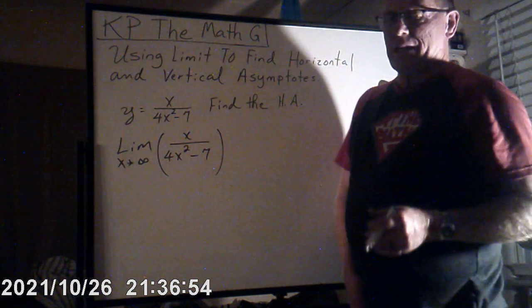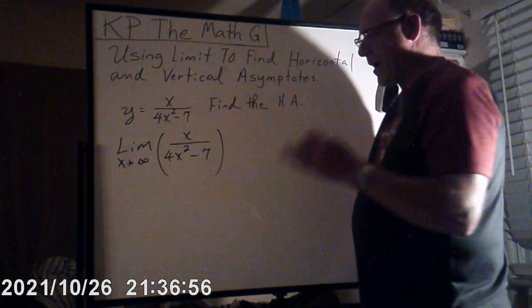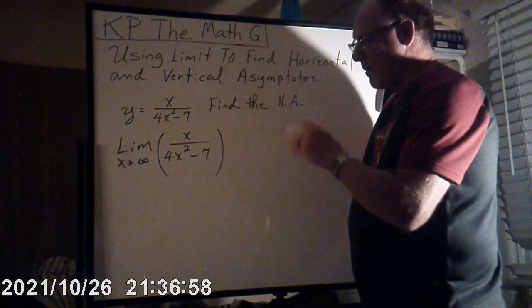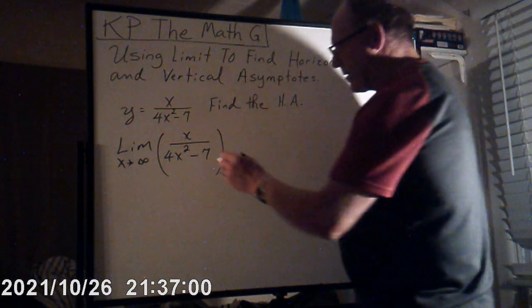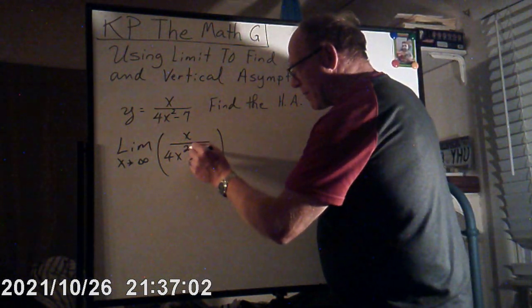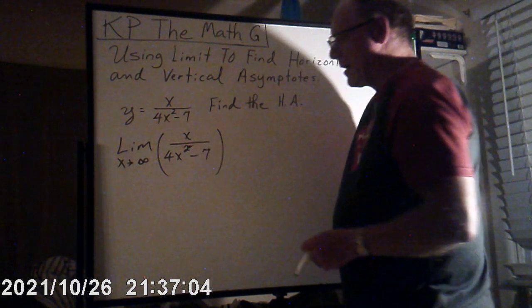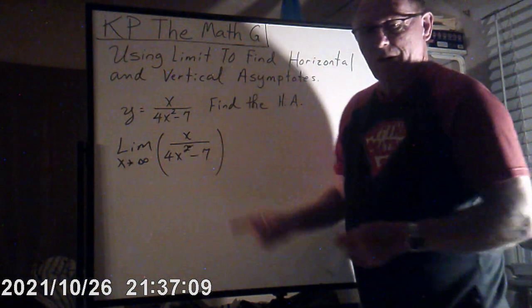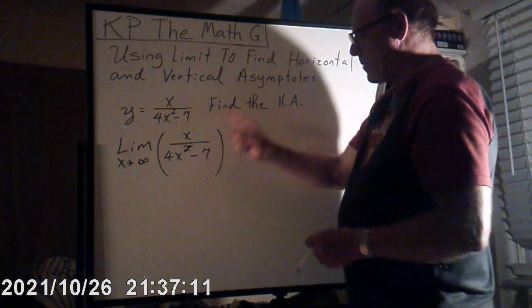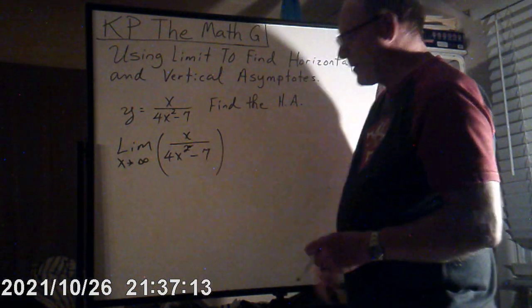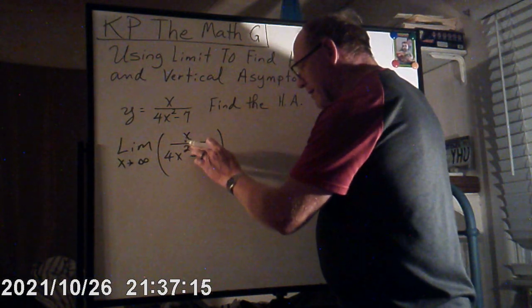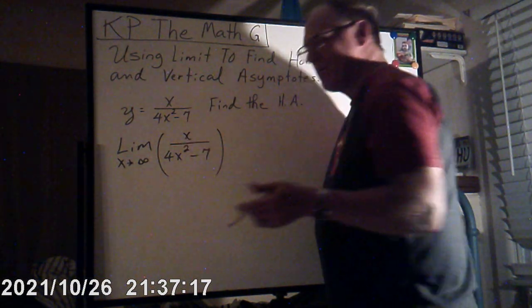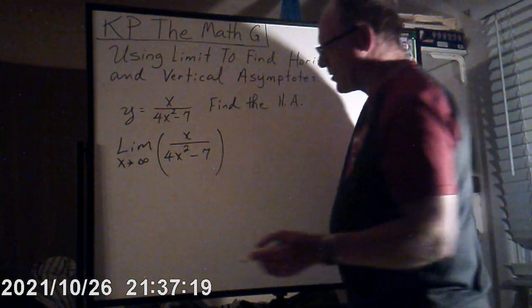One of the ways to find the asymptote is to consider the highest exponent right here, which is 2. And we're going to simply divide each term in both numerator and denominator by x squared. In this particular case, it's x squared. Had it been x cubed, we would have divided by x cubed, and so on.